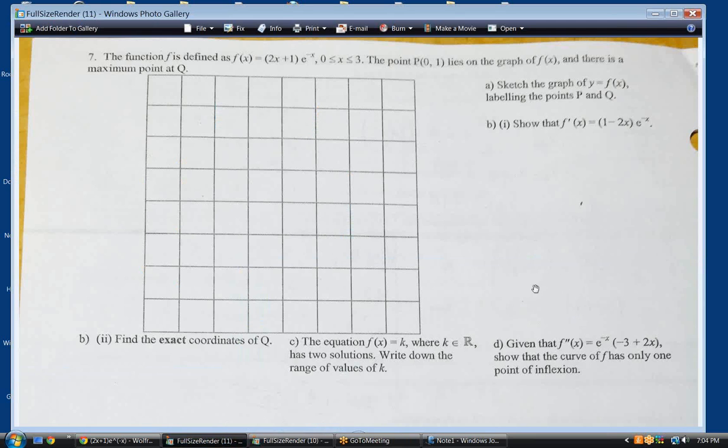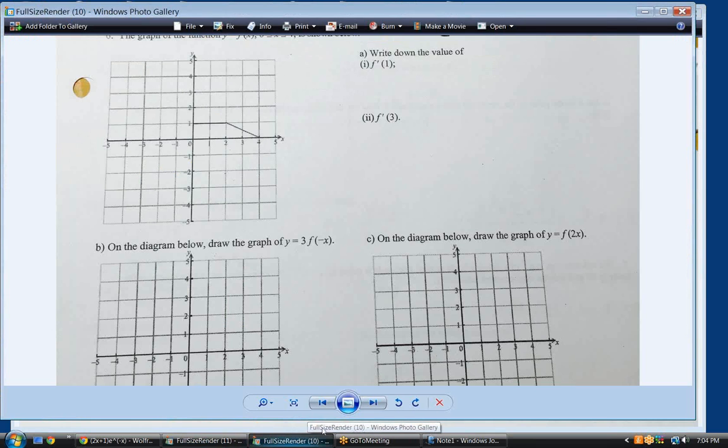Oops, wrong page. Okay. What is the graph of y equals f of 2x going to look like? A horizontal stretch? Is it a stretch or a scrunch? Scrunch. Yes.